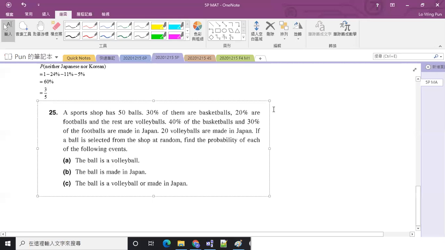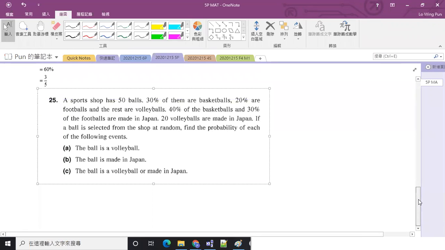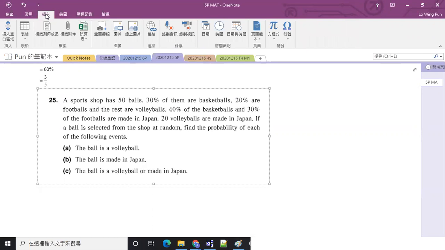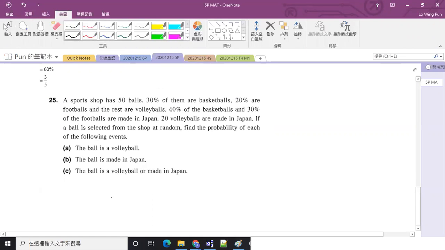OK, 第一種分類方法就係佢係乜嘢波。第二種分類方法就係佢係咪日本製造嘅。咁我之前教你就係咁咯喎。呢個我都可以用個 tree diagram 嚟做嘅，其實。咁我哋用翻最正確嘅 tree diagram。The first categorization is whether it is a basketball, footballs, or volleyballs.